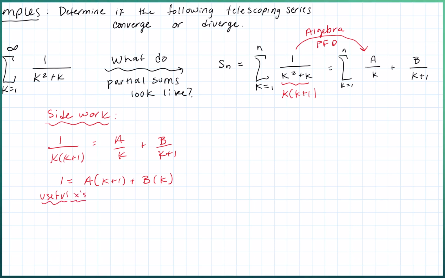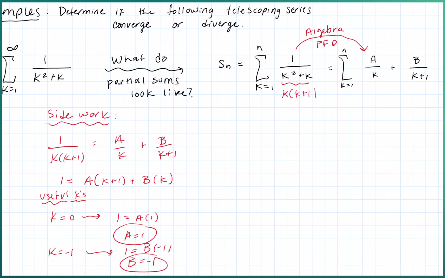Using my useful x's, if x equals 0, then 1 equals a times 1. Actually, I said useful x's, but they're k's in this case, useful k's. So a is 1, and if k equals negative 1, then 1 equals b times negative 1, so b is negative 1.